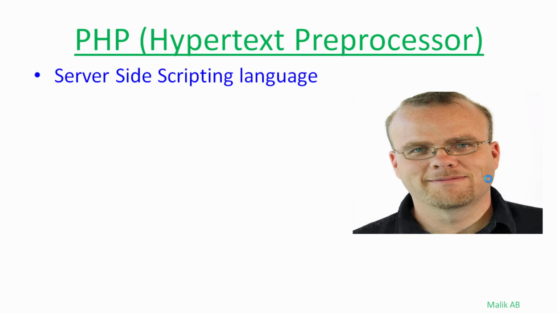First, have a look on PHP. What is PHP? PHP is Hypertext Preprocessor. By the way, what is Hypertext Preprocessor? Text, as you guys know, text means digits and numerics and text. What is hypertext? Videos, audios, images, these things are called hypertext. Preprocessor. Processor means processing.